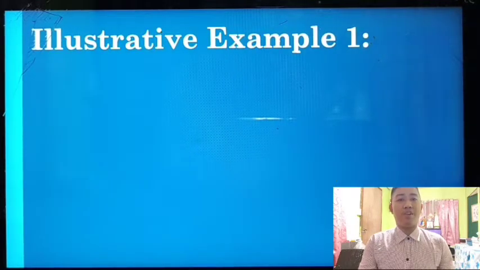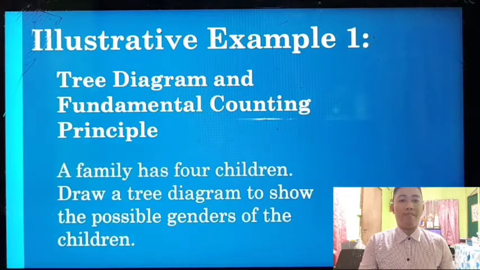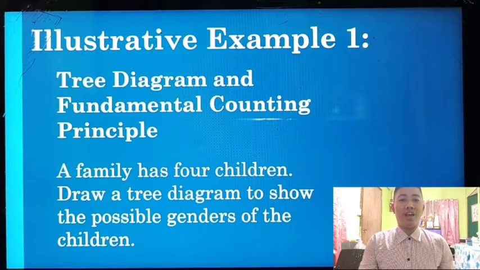Let us begin with our illustrative example number 1. We are using the tree diagram and the fundamental counting principle to solve the given problem. A family has 4 children. Draw a tree diagram to show the possible genders of the children.